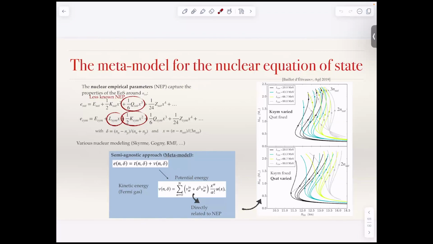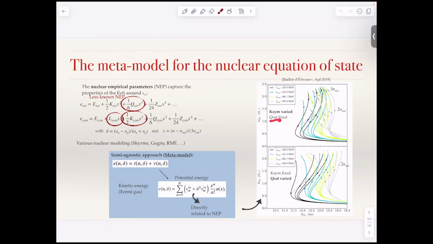Okay, so these two panels that I show here are possibilities. So, for instance, on the top panel here, what is varied is the slope of the symmetry energy. So the different colors correspond to different slopes of the symmetry energy.